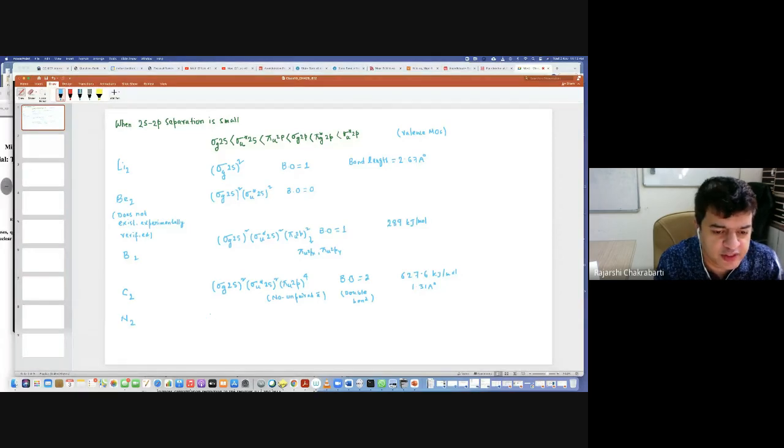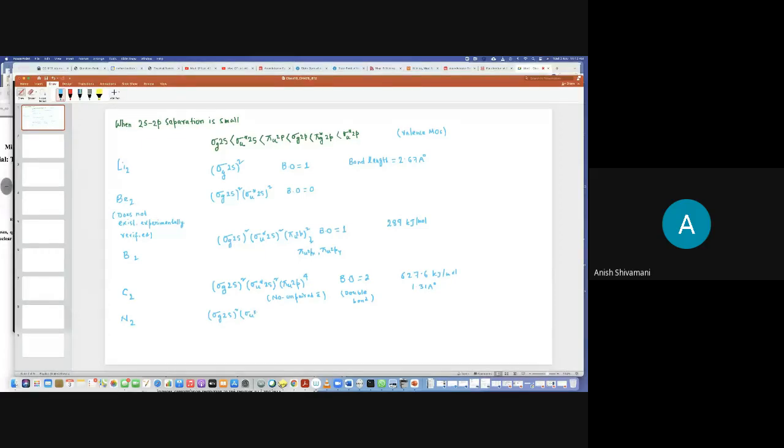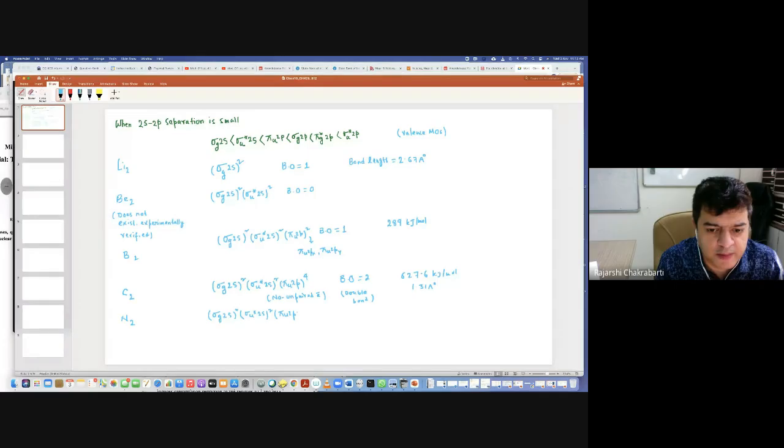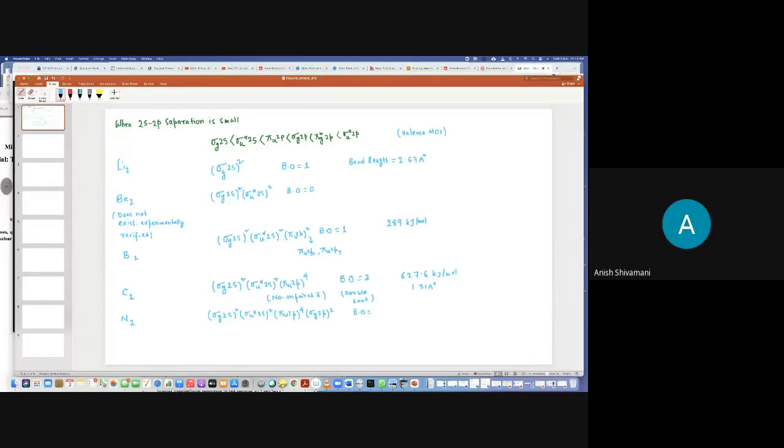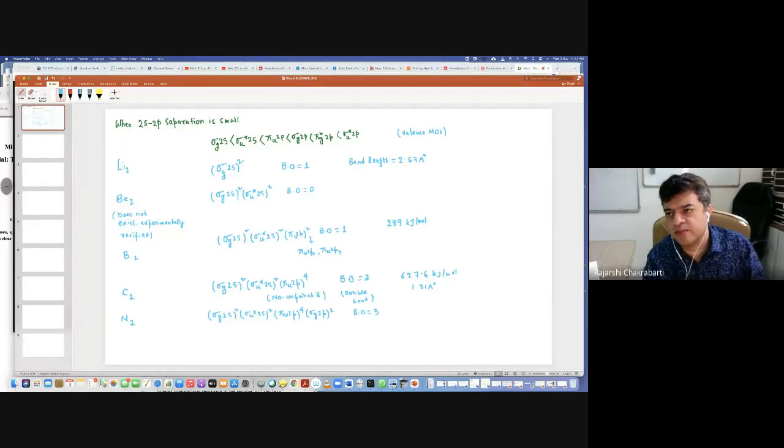What about N2? What is the configuration of N2? It's very easy to do, no? Pi u 2p4, sigma g 2p2. What is the bond order? 3, because both are bonding orbitals, no?